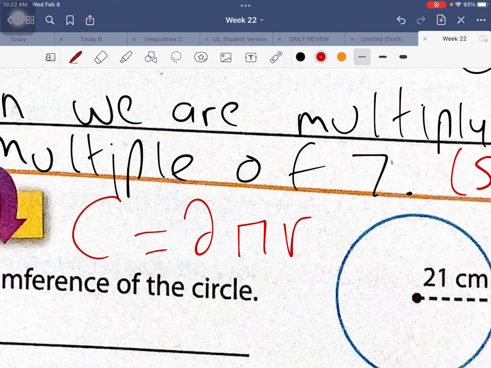If you want to use the calculator, you can, or do the work. That's why I'm saying you can use the calculator if you want, or do the work. But actually do it. You're using 2 pi r, sir? Yeah.